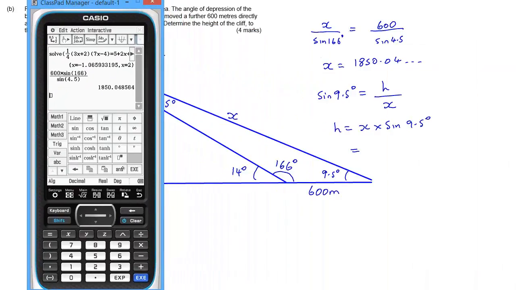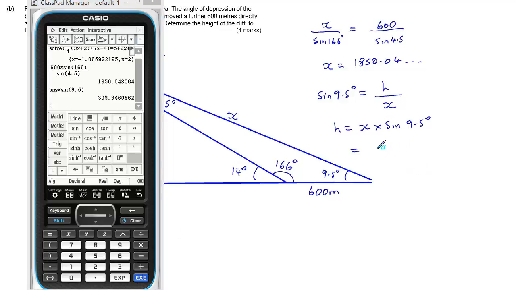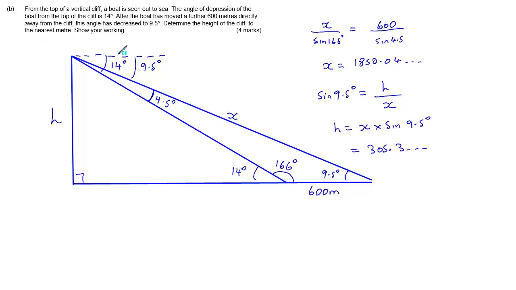So x is my last answer, so we'll just multiply that by sine 9.5, and that gives me 305.3, and we want it to the nearest meter, so that's 305 meters, correct to the nearest meter.